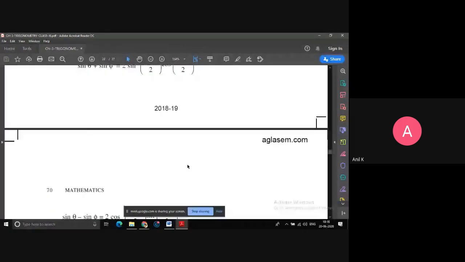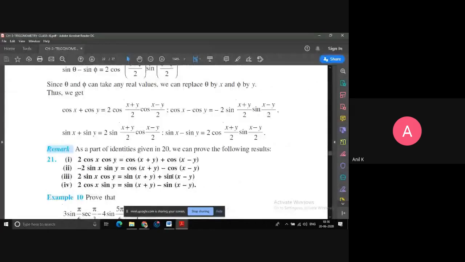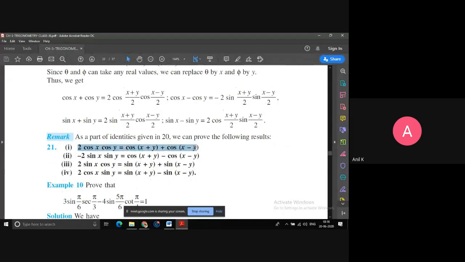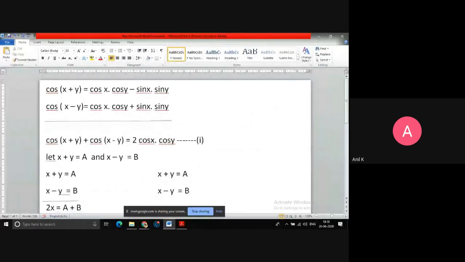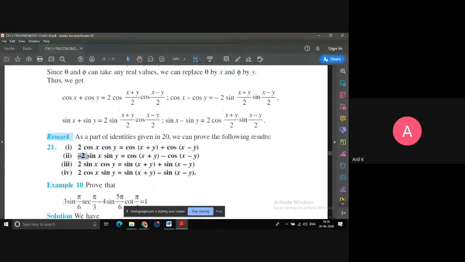Now, these identities we just proved: cos (x plus y) plus cos (x minus y) equals 2 times cos x cos y. And similarly, the second identity is minus 2 times sin x sin y equals cos (x plus y) minus cos (x minus y).